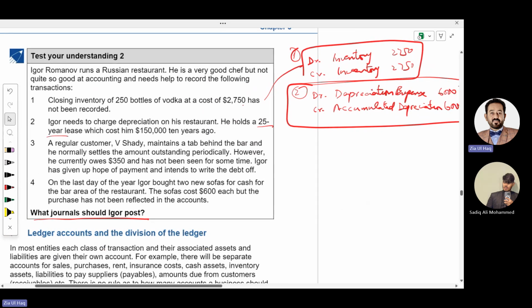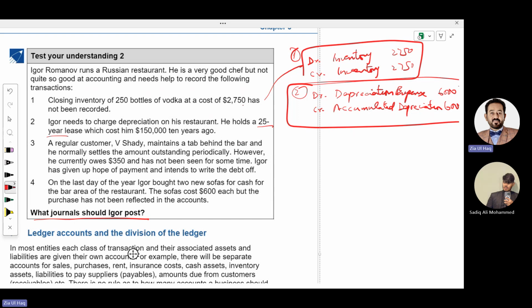A regular customer, V Shady, maintains a tab behind the bar and he normally settles the amount outstanding periodically. He buys goods from him and pays after some days. For a week he is buying, at the end of the week he pays the full amount, or for the full month he is buying, after the month he pays.